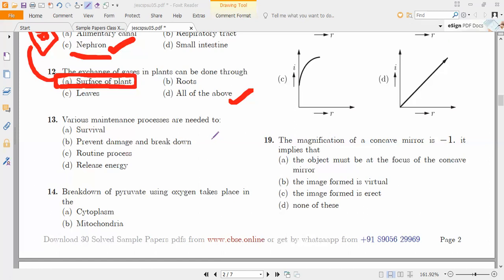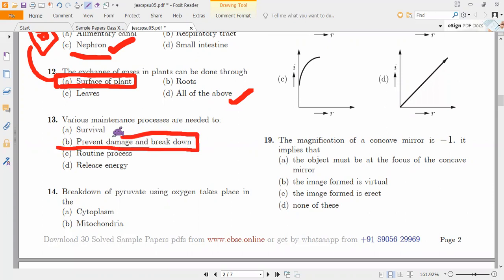Next, various maintenance processes are needed to what? Maintenance processes are needed to prevent damage and breakdown.